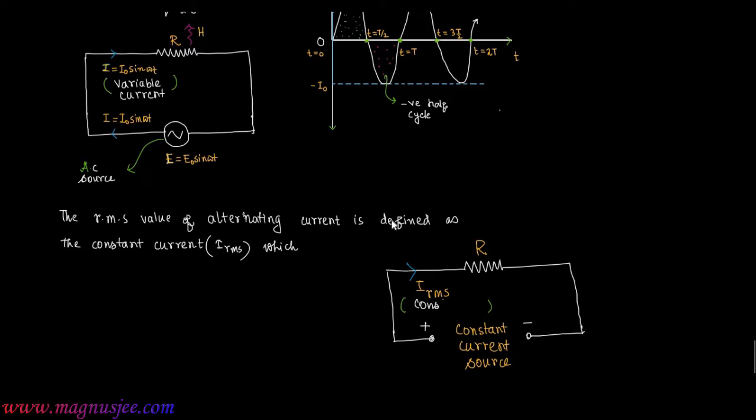In this case, I RMS is the constant current and I equal to I0 sine omega t is the variable current.